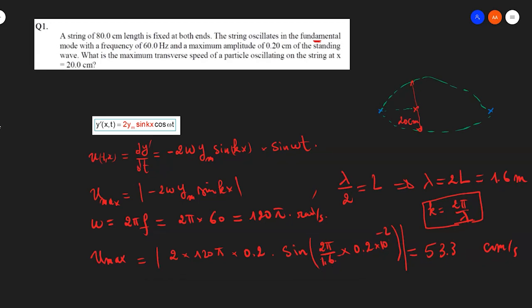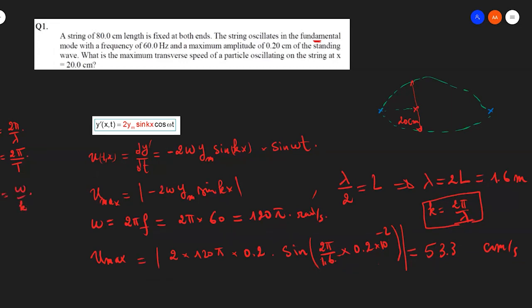So I will summarize here. k is equal to 2 pi over lambda, and omega is equal to 2 pi f, or 2 pi over T. And velocity is omega over k.